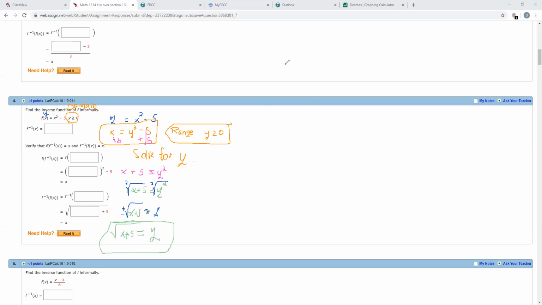And then of course, because that is the inverse, instead of writing the y, we can now put f of negative 1.